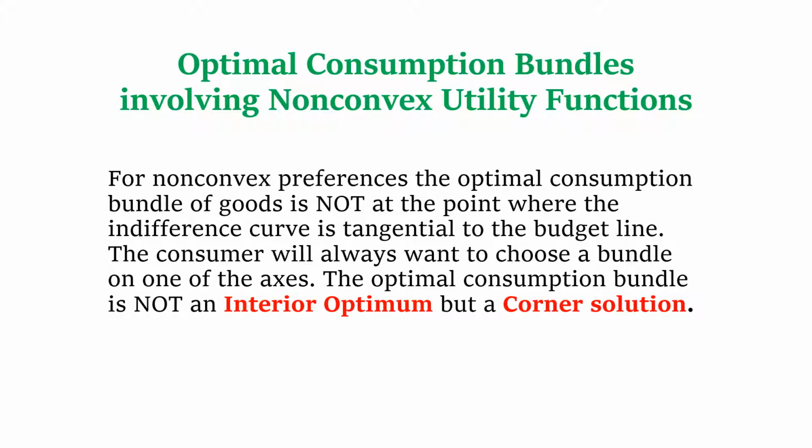For non-convex preferences, the optimal consumption bundle of goods is not at the point where the indifference curve is tangential to the budget line. The consumer will always want to choose a bundle on one of the axes. The optimal consumption bundle is not an interior optimum, but a corner solution.